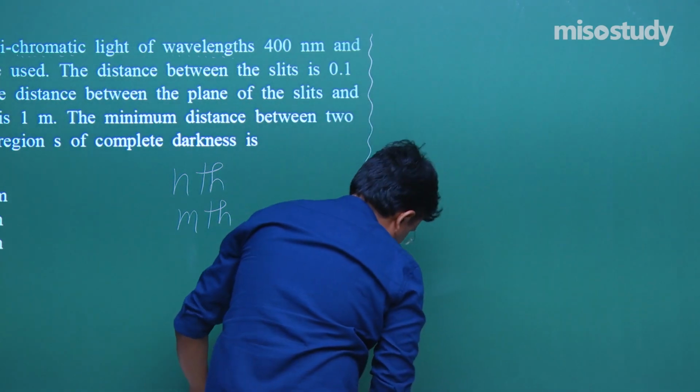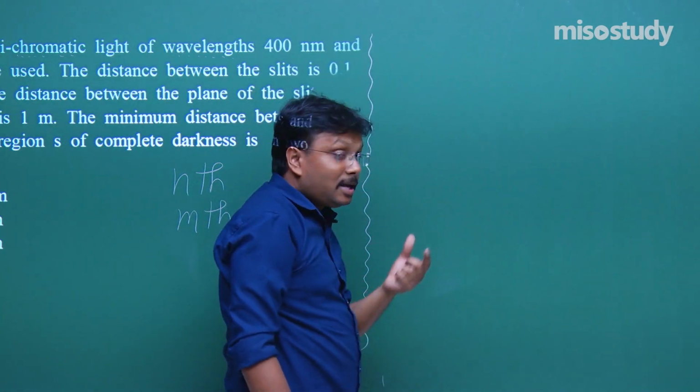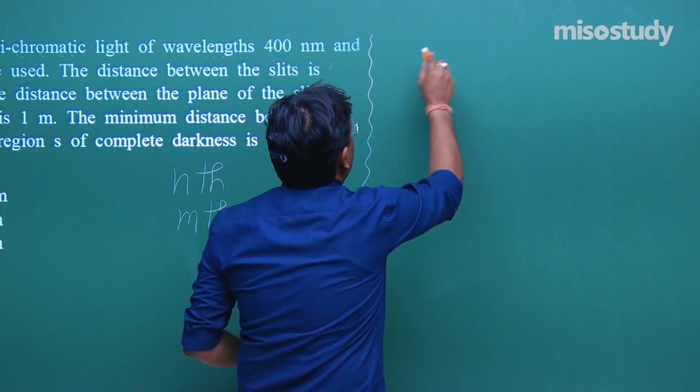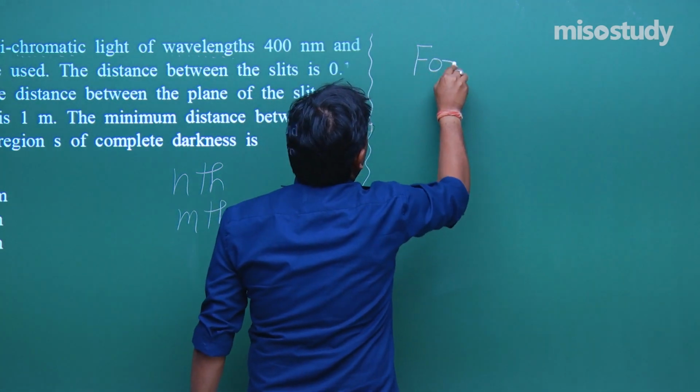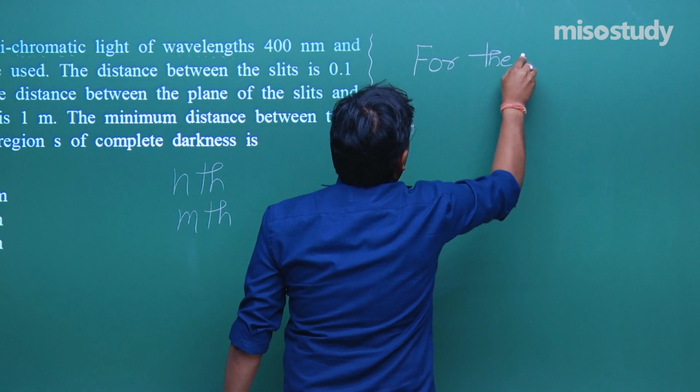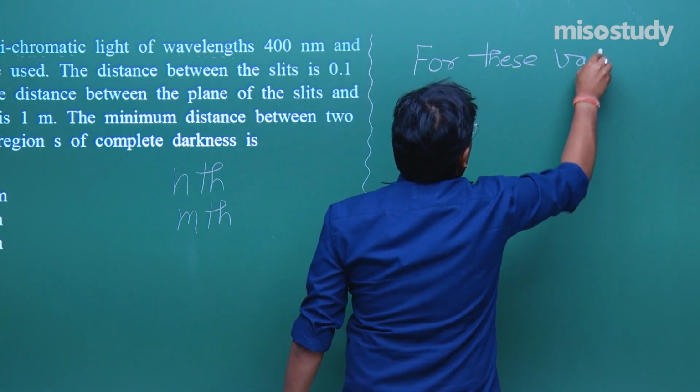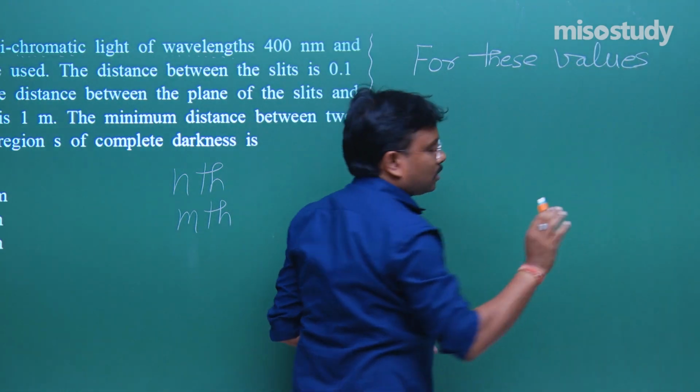Now from here, if we find the minima, for these values directly I will use the formula.